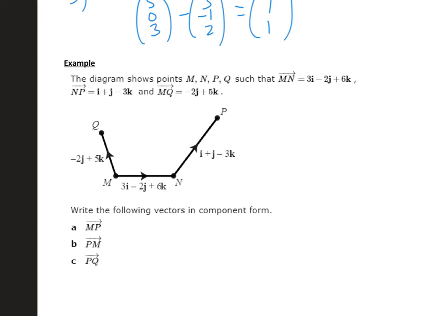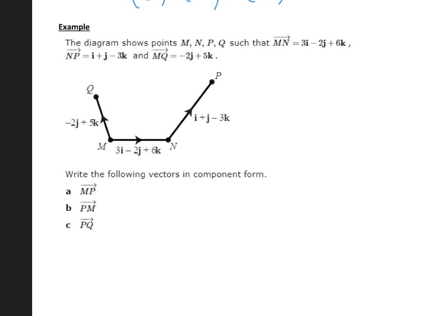Next one. The diagram shows points M, N, P, Q, and we've got the displacement vectors between them all. Now, they're on the diagram, so I'm not going to read them out. Just be careful which way the arrows are pointing. So, find the following in component form. So that means in terms of i's, j's, and k's.